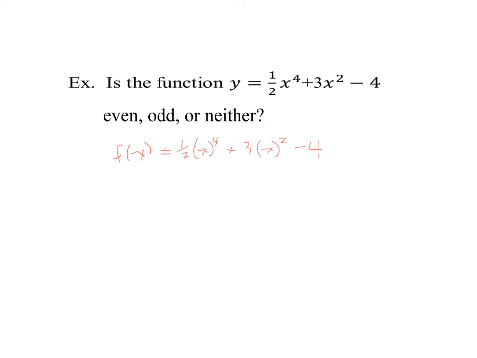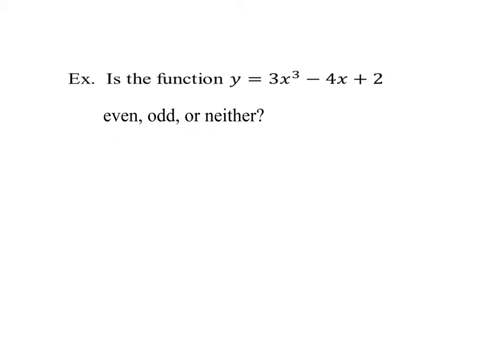We should get the exact same equation, so that one should be even. The only issue is you have to make sure all of the powers are even, and even this 4, a lot of people wonder what the power on the 4 is, but we can always think of it as x to the 0. 0 is an even number, they're all even, so it will be even symmetry.